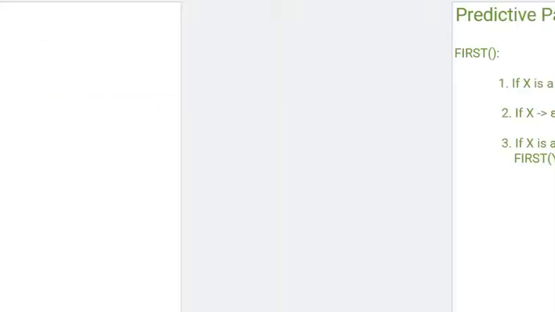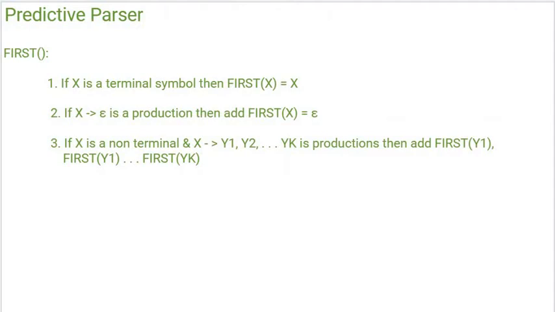This is the second rule. Then the third rule is, if x is a non-terminal and you have a production like x tends to y1, y2, y3 till yk, then first of x will be first of y1 union first of y2 union first of y3 till union first of yk.